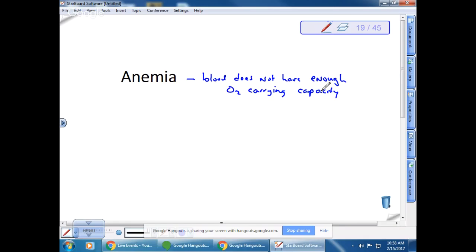Okay. So we have different types of anemia. So one, for example, would be that you would not have enough red blood cells.